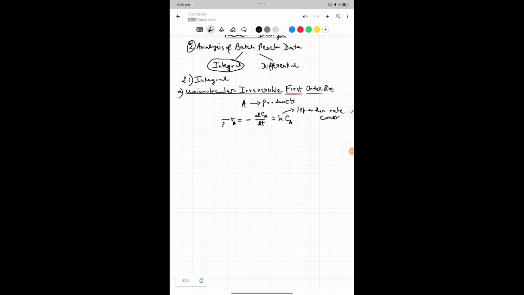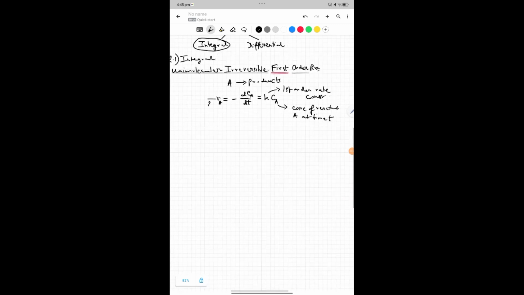K is the first order rate constant here, and CA is the concentration of reactant A at time t. This is not the initial concentration.